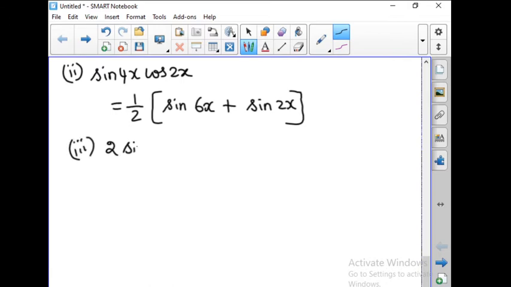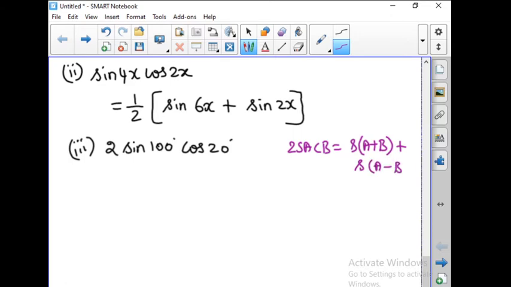2 sin 100 degree cos 20 degree. So it is given with a 2. So what are we going to do? We need to bring that 2. The 2 sin A cos B formula is sin of A plus B plus sin of A minus B. So it is given in the problem itself, 2 sin A cos B. So 2 sin A cos B is sin of A plus B plus sin of A minus B. We can apply this formula directly.